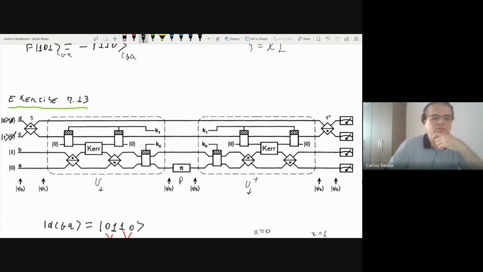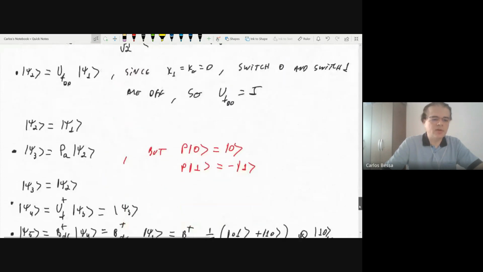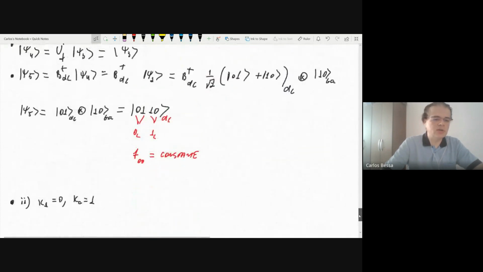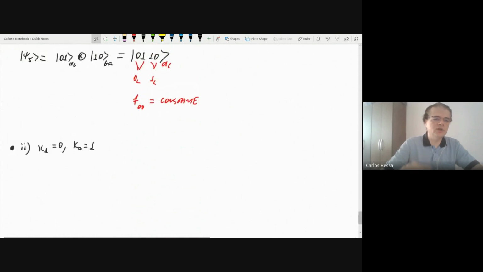This will not be activated again because the switch K1 is off. And the only thing, the B and C here, the photon will be switching because this is on. I'll not repeat all these steps because of the time. I'll just put here the answer and you guys can confirm, okay?